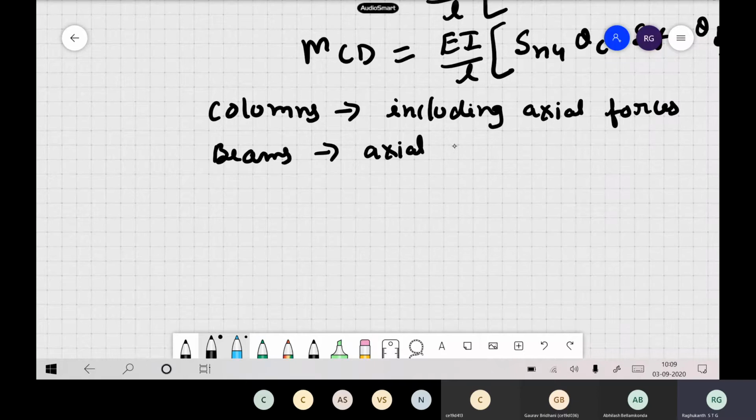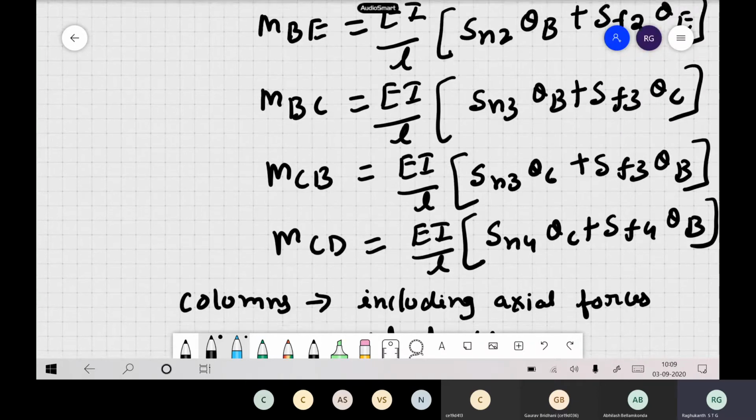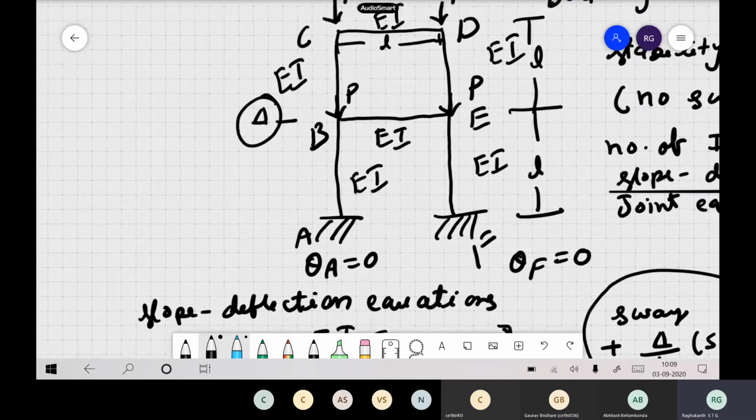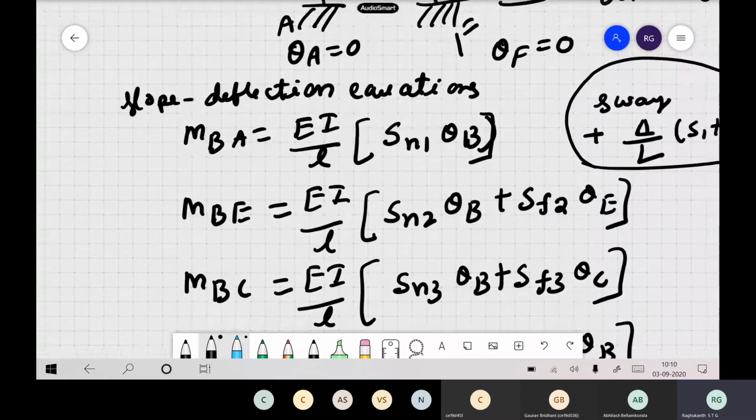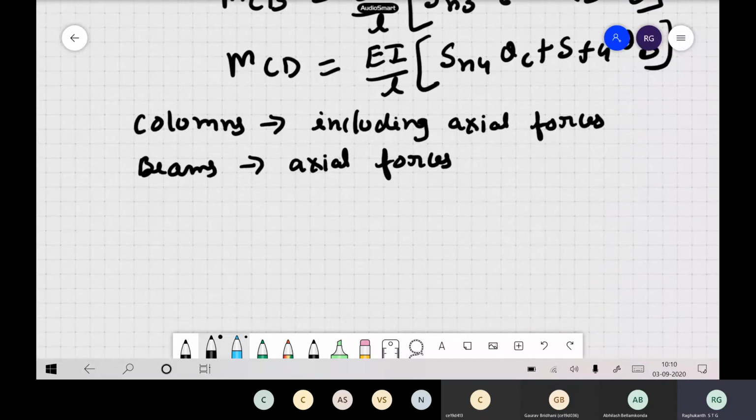Suppose on the beam also you have a lateral load like this, some S or Q kind of load, then you may have to consider the effect of the axial forces on the beam also. Otherwise, you can take your coefficients to be this itself.